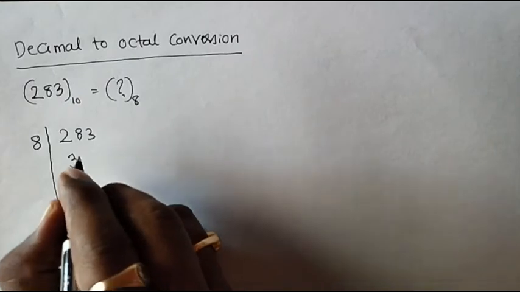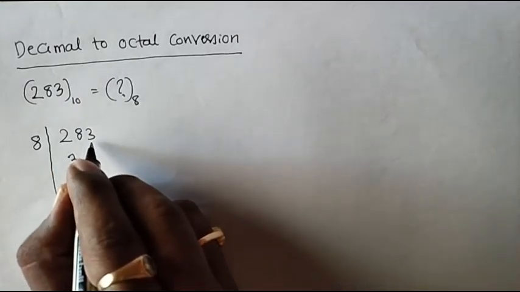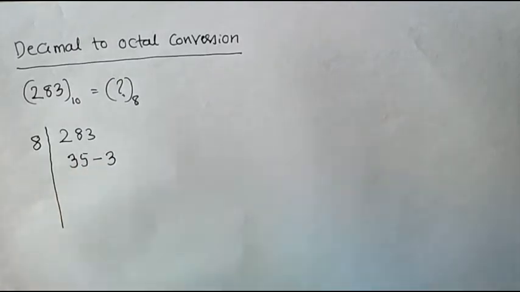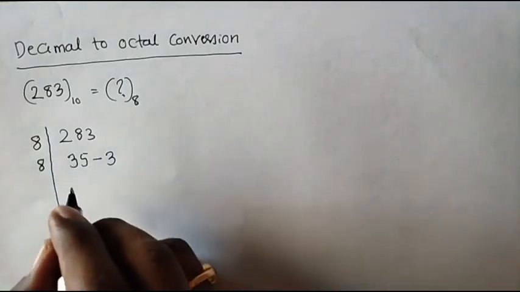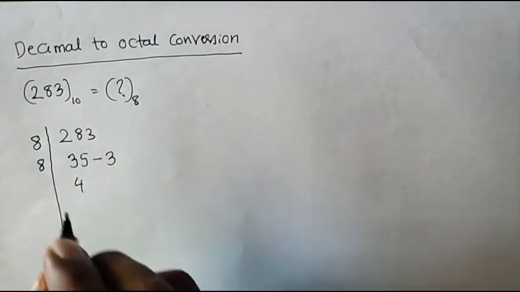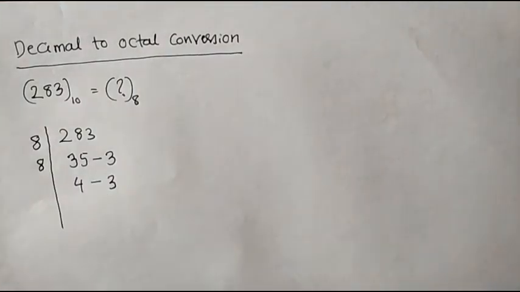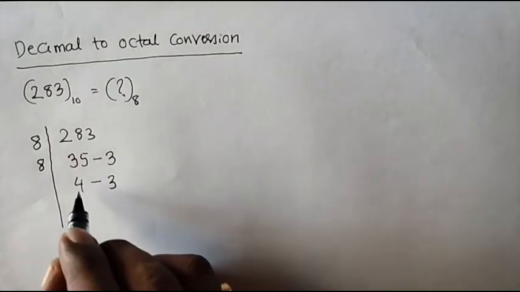We know 8 3s are 24, remainder is 4, 4 3 becomes 43, 8 5s are 40 and the remainder is 3. Let us divide 35 again by 8, 8 4s are 32, the remainder is 3. Now further we cannot divide 4 by 8. Now we have to stop this process.